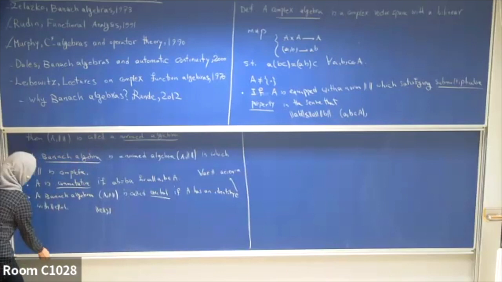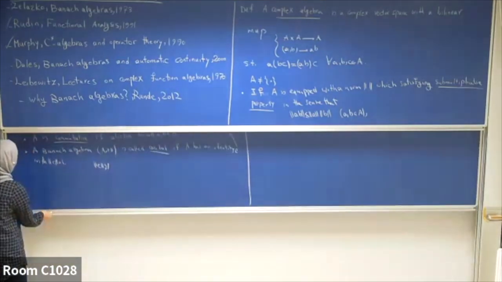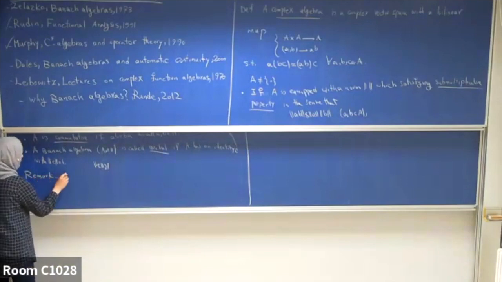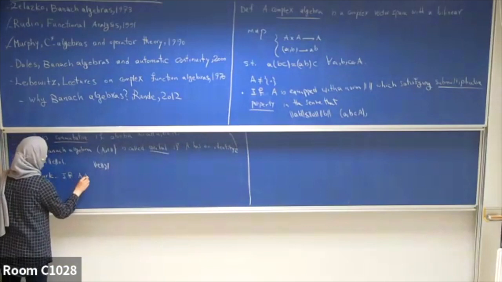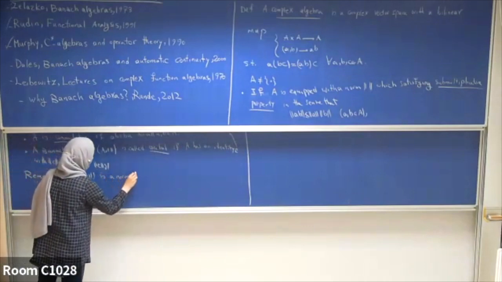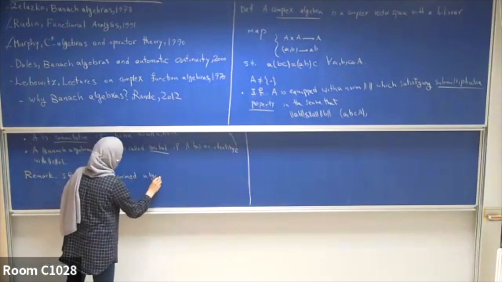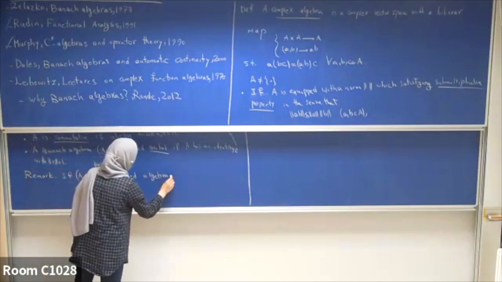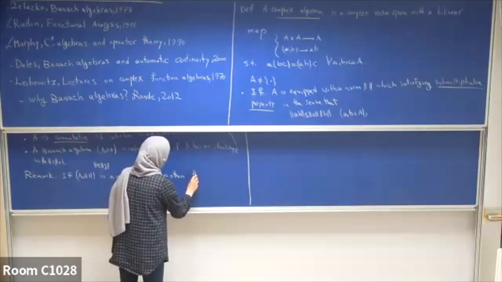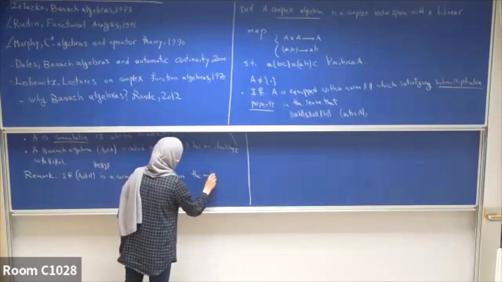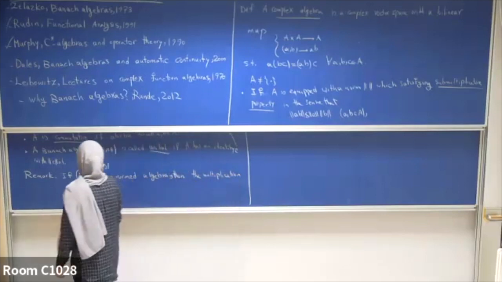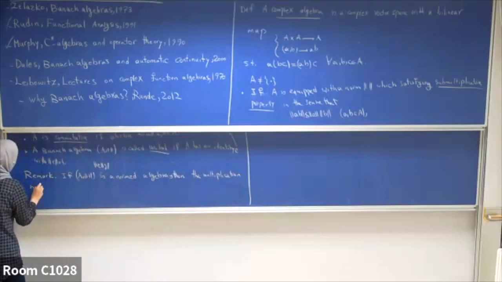So as a remark, I can say that if A is a normed algebra, then the multiplication is jointly continuous.